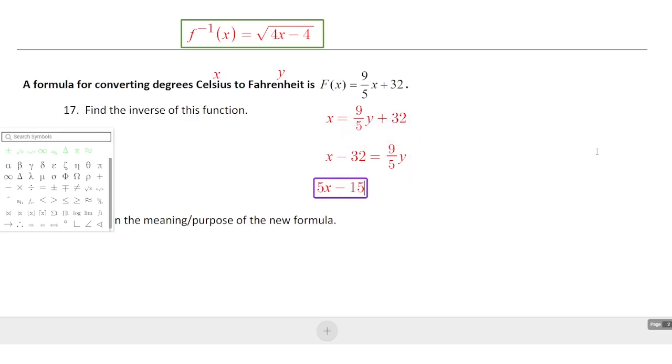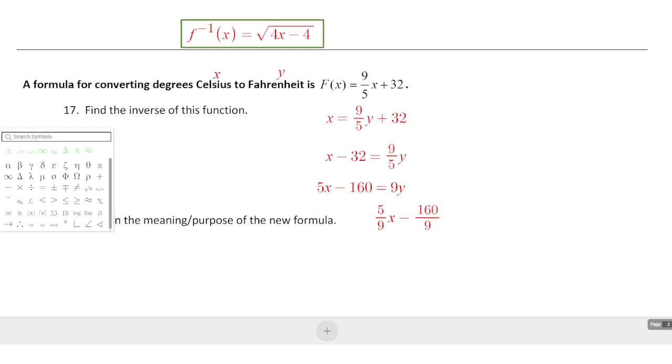What would that be? 60? Is that right? 5 times 2 is 10. 15 carry the 1. Okay, yeah, that's good. Equals 9y, and then finally divide everything by 9. Yeah, it's going to be 5/9 x minus, does this reduce at all? 160 over 9?